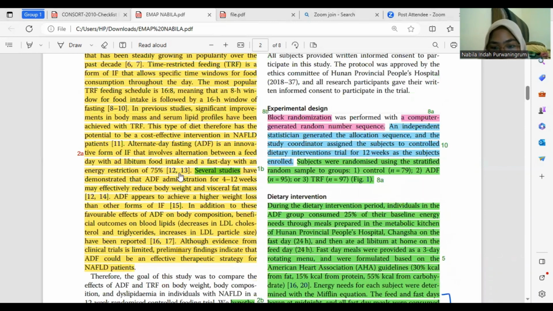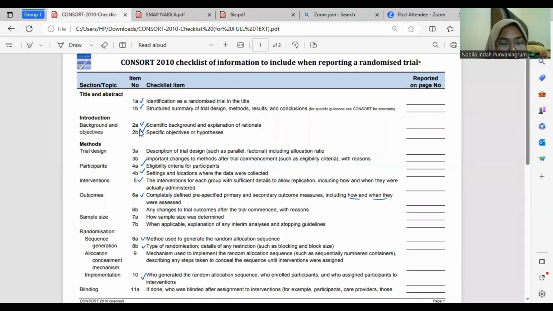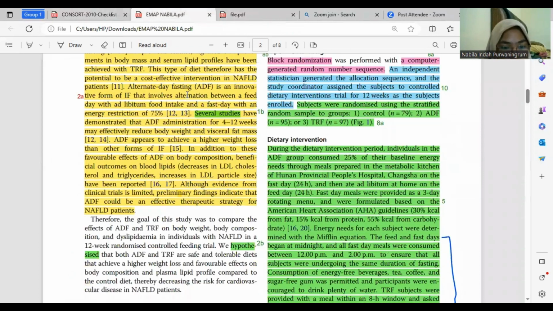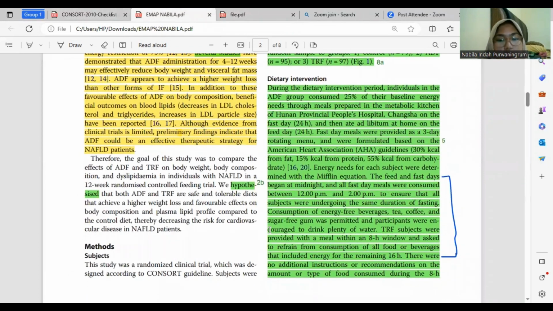Then we move to 2b, where we are going to identify the specific objective or hypothesis. So what is that? Hypotheses are the prospective questions being tested to help meet the objective.